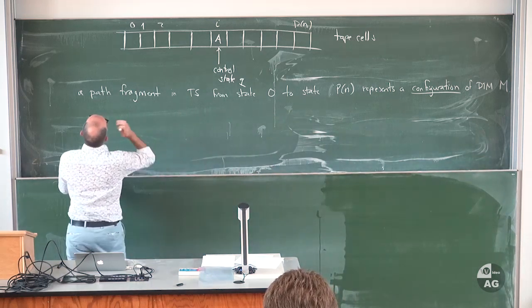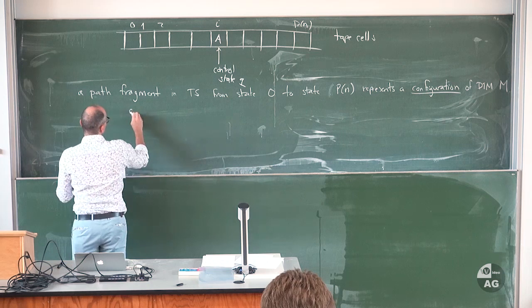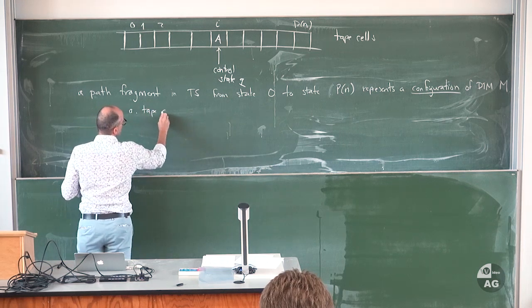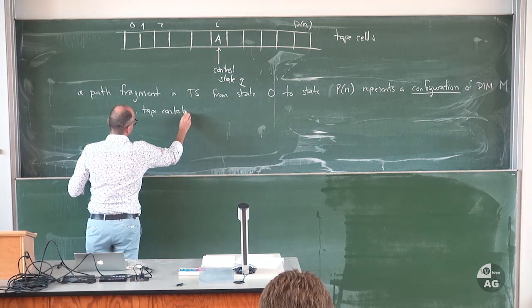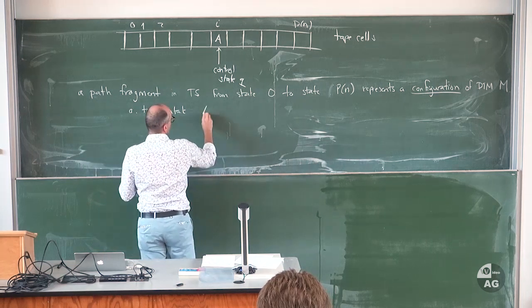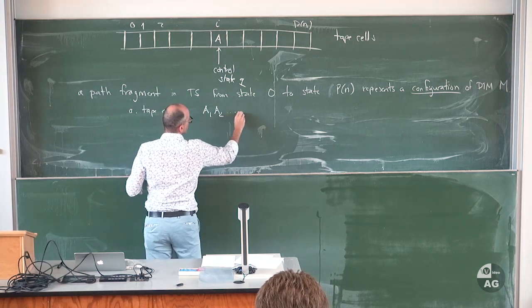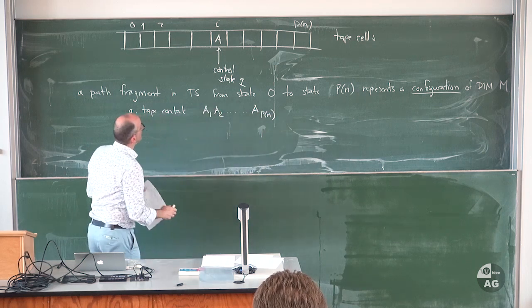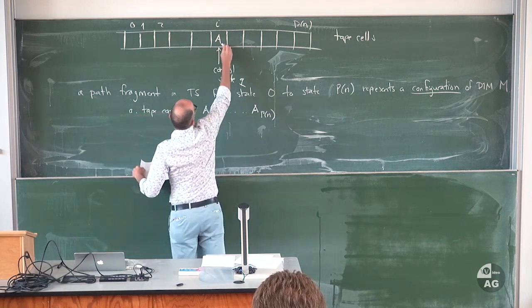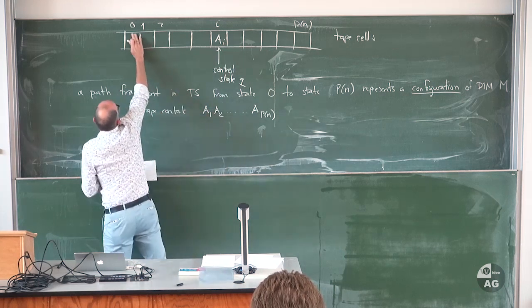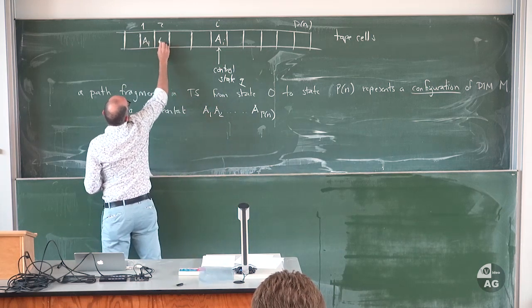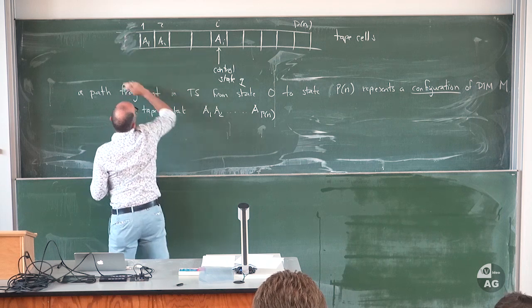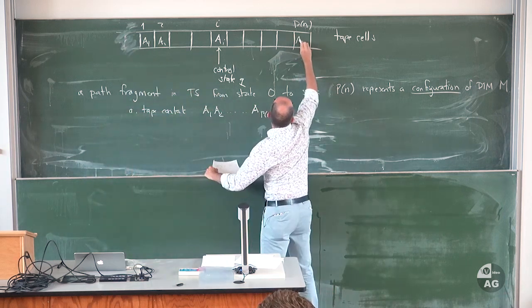So we have a tape content, which is something of the form A1, A2, up to A_P(n). So this is A_i, we start at A1, A2, etc., up to A_P(n).